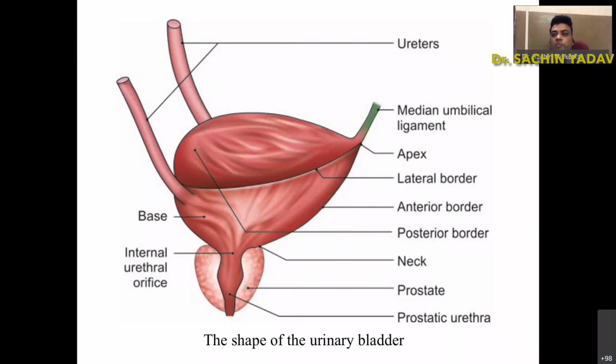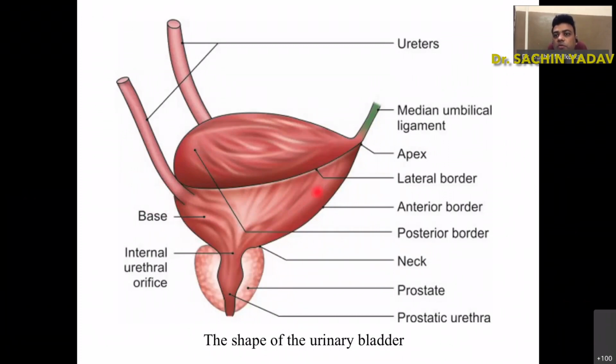This is the upper surface. This is the apex. This is the superior surface, with the infralateral surface on either side, this being the right infralateral surface. Then posterior to the superior surface, there will be the posterior surface, known as the base.